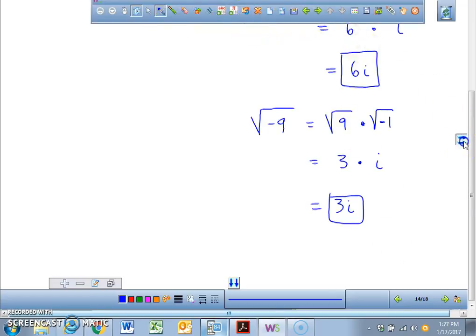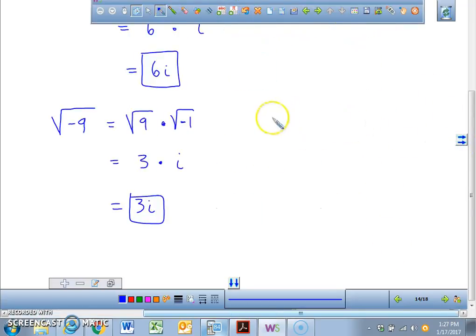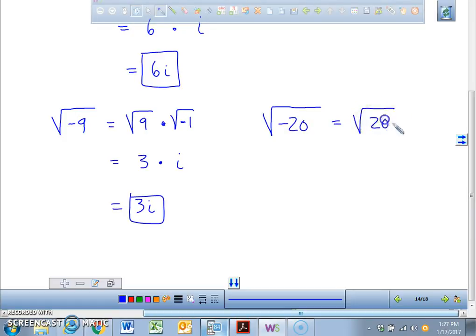All right. Let's do a tricky one. Here we go. The square root of -20. That's not a perfect square, is it? 20 is not a perfect square. No. But we could break that down into the square root of 20 times the square root of -1. What does the number 20 break down to? What factors? 5 and 4. What does 4 break down to? 2 and 2.